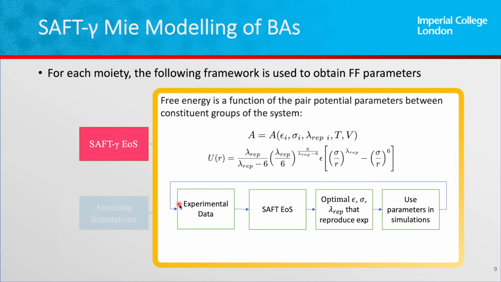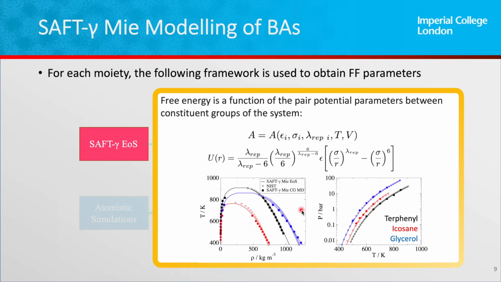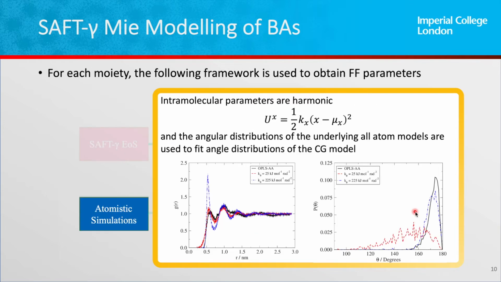So we take experimental data, we use the equation of state to find this epsilon, sigma, and lambda, and then we could use the parameters in simulations. If they're bad, we could feed this back in, and then we could obtain this. As you can see, excellent agreement is observed between simulations, experiments, and the equation of state. So we could see that our methodology is robust, and we could again get intramolecular potential parameters using a Boltzmann inversion of a harmonic potential.